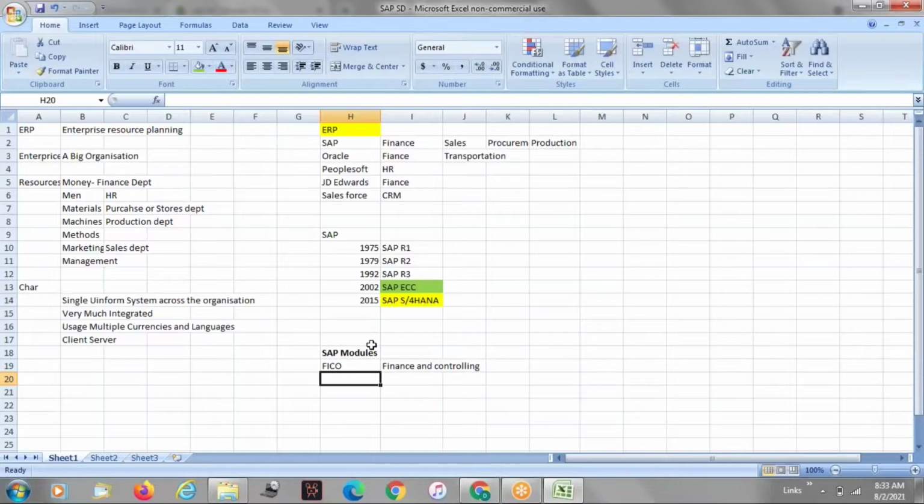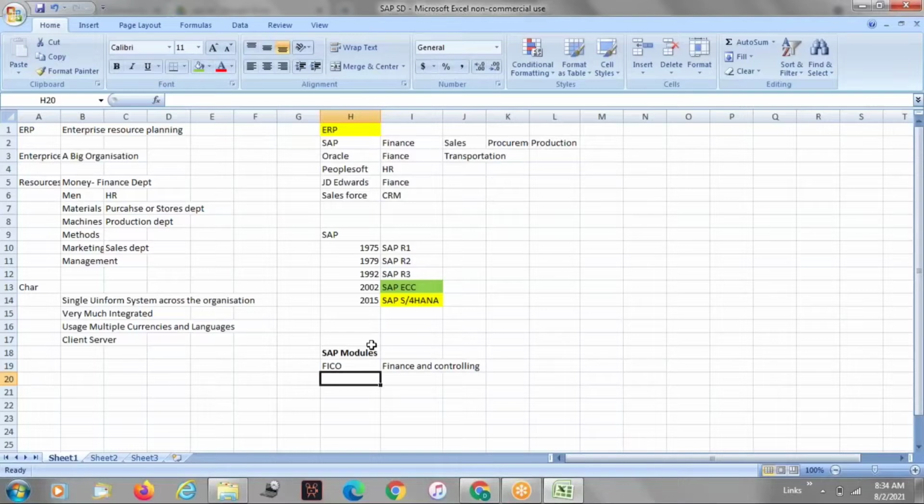Whenever a company announces whether it made a profit this quarter, how much profit they made, how they ran this quarter or throughout this year, all these reports are based on finance and controlling.